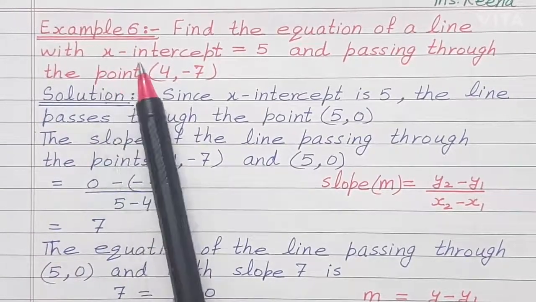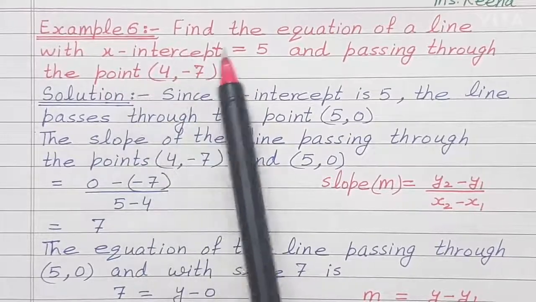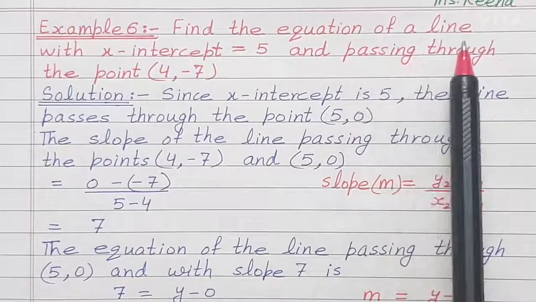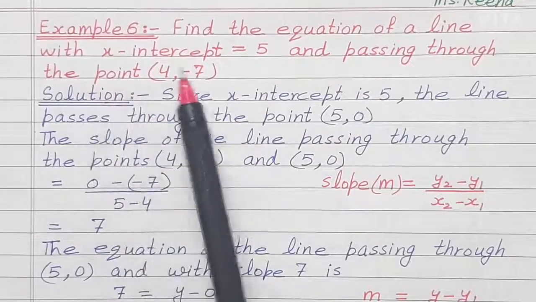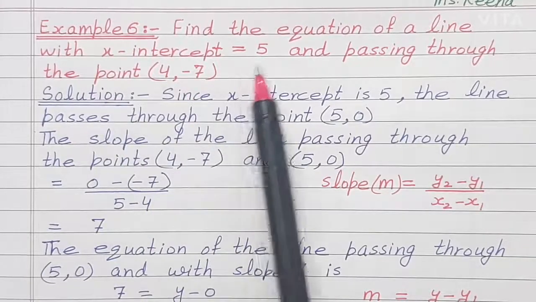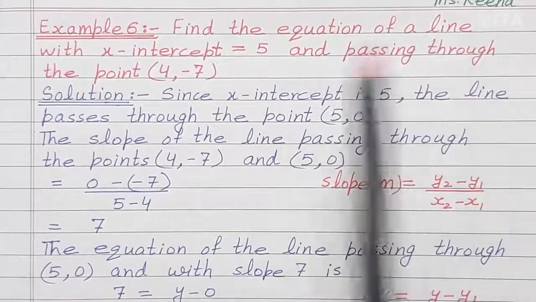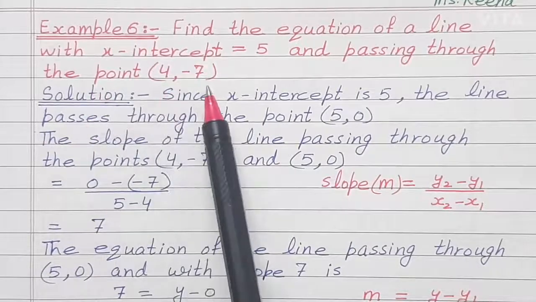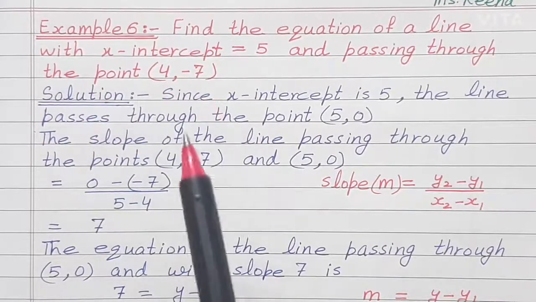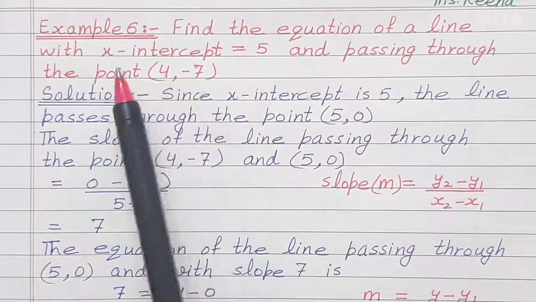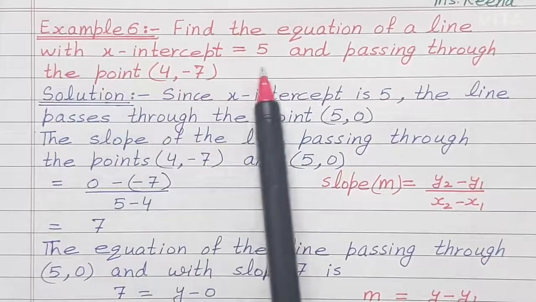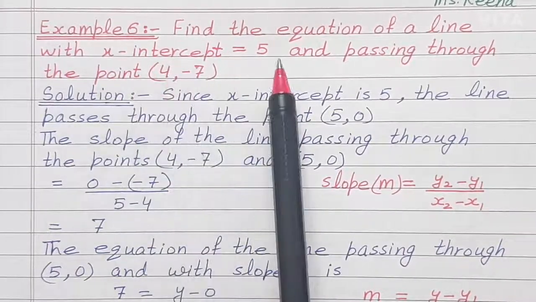Now see, example number 6 is, find the equation of a line with x-intercept equal to 5 and passing through the point (4, -7). So x-intercept 5 means this is the value of c here.